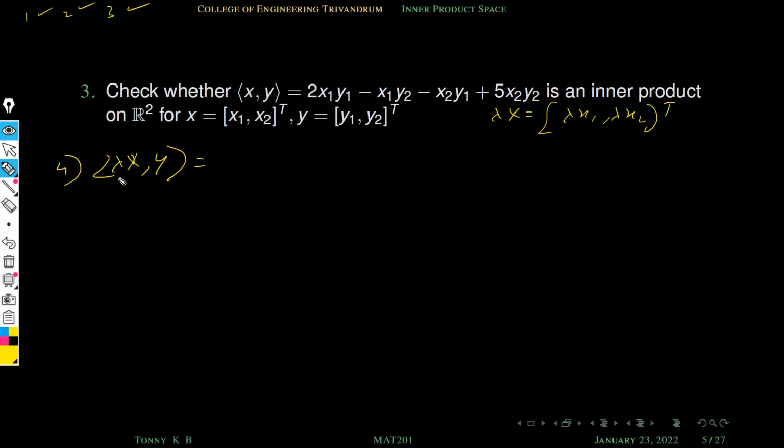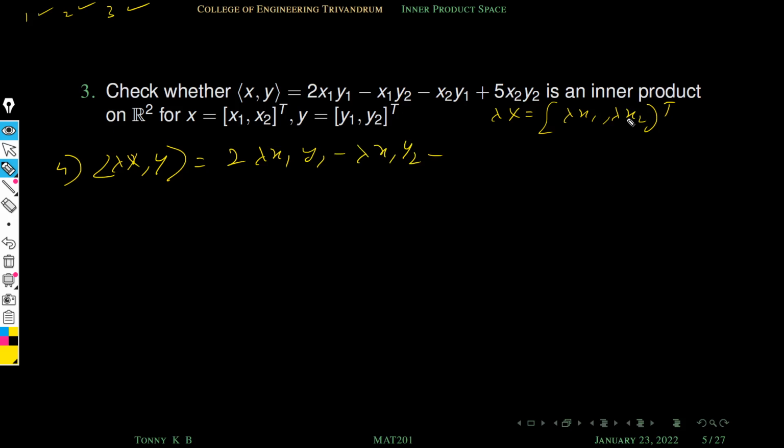Okay, next we have to consider the fourth condition. So inner product of lambda x, y. What is lambda x? By definition, it is (lambda x1, lambda x2). So what is the inner product of lambda x, y? 2 into the first coordinate, lambda x1 y1, minus lambda x1 y2, minus x2.